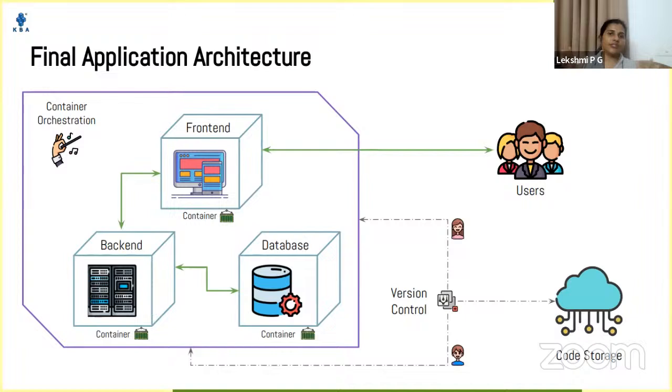And all these things can be containerized so that it doesn't crash in some other system, and these containers can be automated with the help of orchestration like Kubernetes. All this coding part for the developers can be made easy with the help of version control systems like Git and GitHub, right? So this comprises a normal web application.